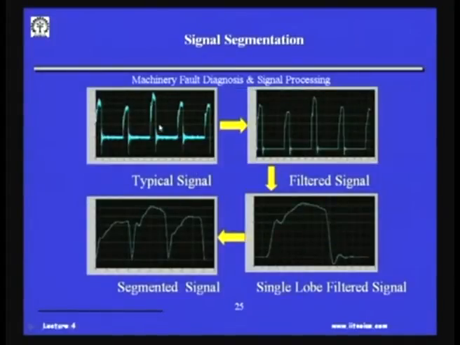For a typical signal, you filter it to remove the high frequency noises, and then we have the lobes brought together, a segmented signal. We will remove these processes and bring in these lobes, and then we can again filter it. So features can be extracted from the lobe filtered signal.